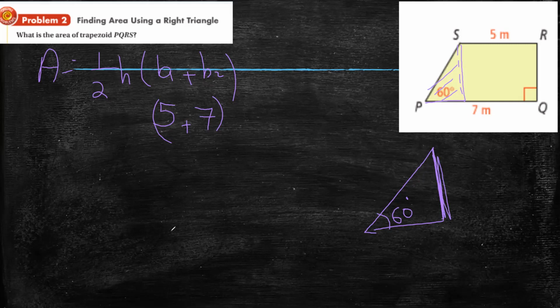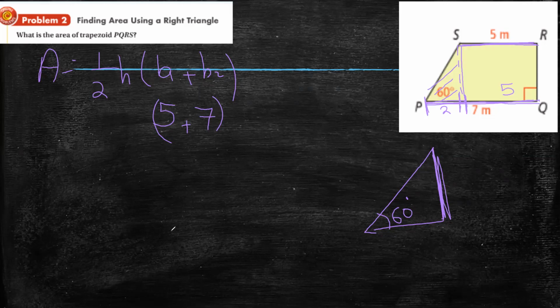And look, now go back to the trapezoid. The length of this base is 5, and the length of this base is 7. So we have here a rectangle with 5 and 2. Is it right? Since we have a rectangle and the first base here is 5, down here it has to be 5 and then 2.